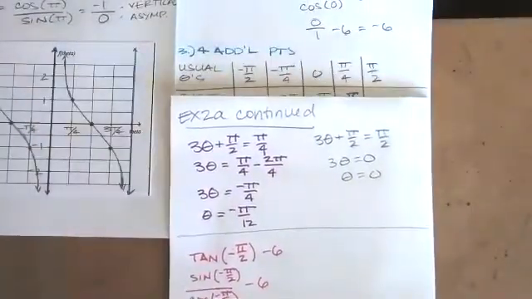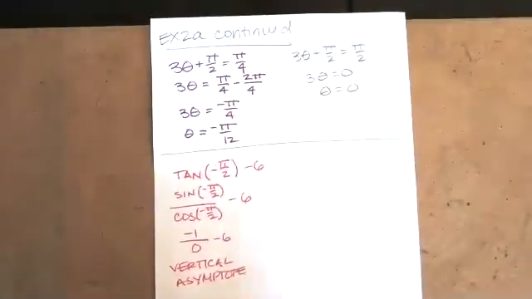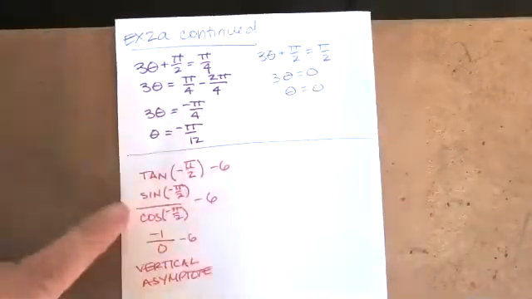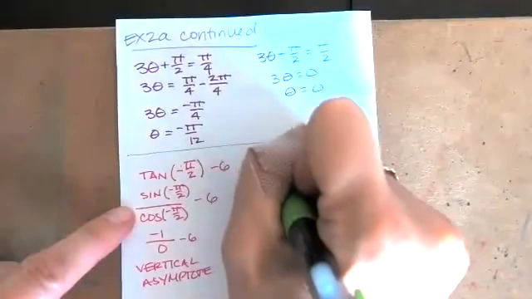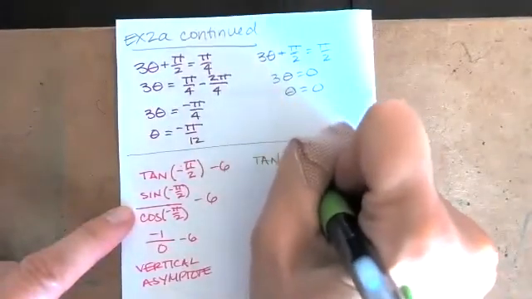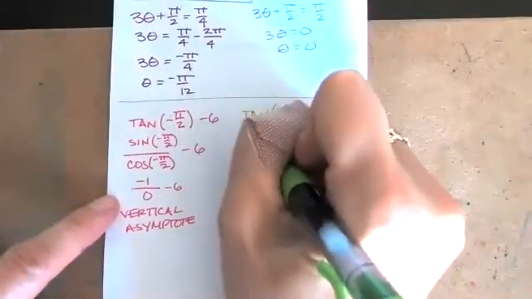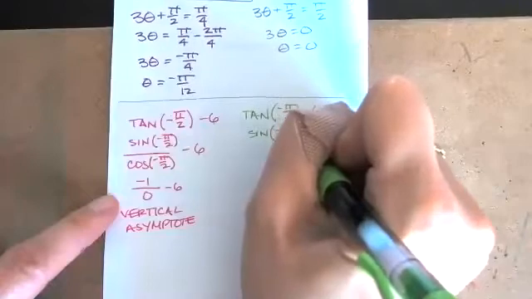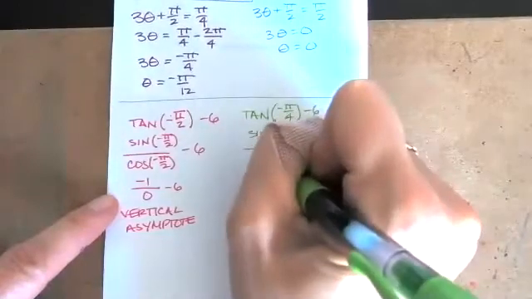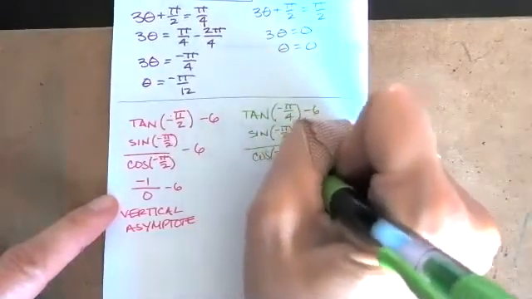The next thing we have to figure out is for negative pi over 4. So that's the tangent of negative pi over 4 and then -6. That's our function that we're working with. So again, the sine of negative pi over 4 over the cosine of negative pi over 4.